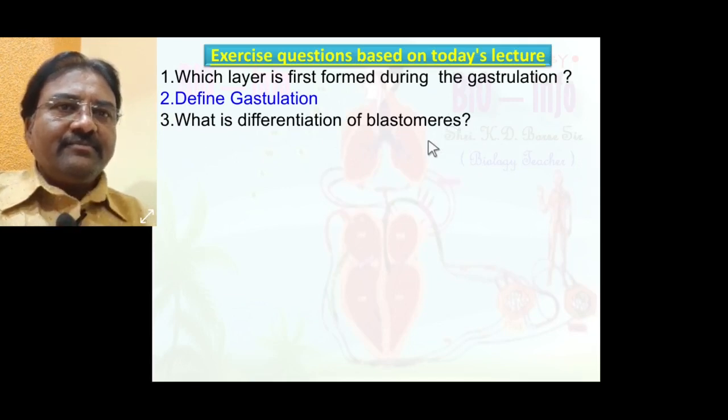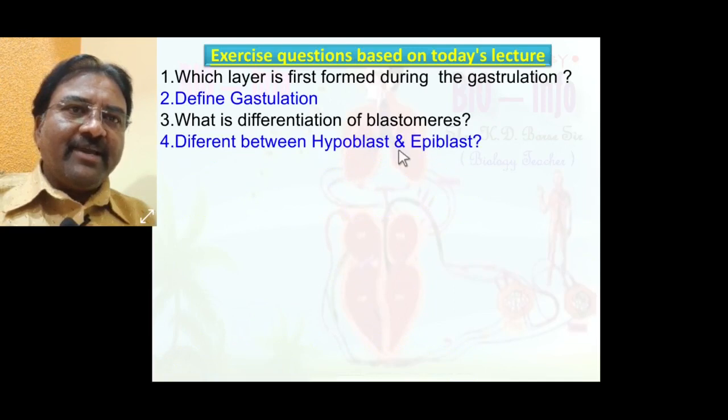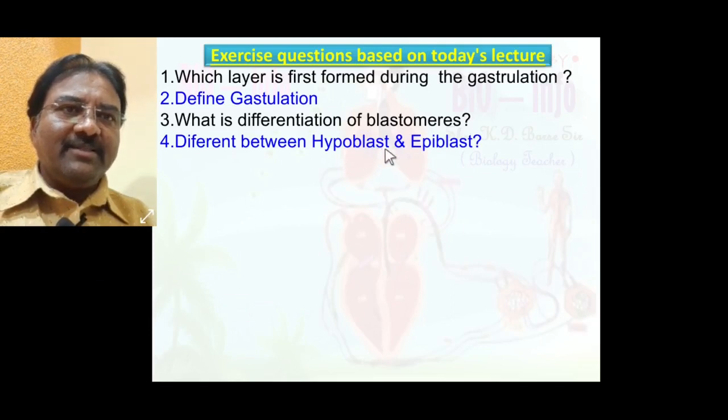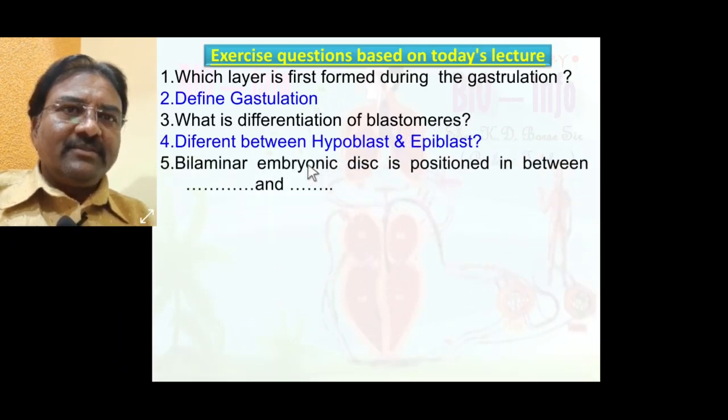Now, the difference between hypoblast and epiblast. Hypoblast is the pre-endodermal cell layer from which endoderm develops, and epiblast is the pre-ectodermal cell layer from which ectoderm develops. The bilaminar embryonic disc is positioned in between the amniotic sac or cavity and the yolk sac.